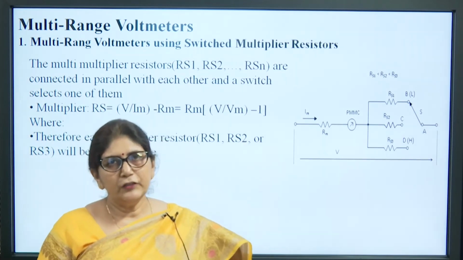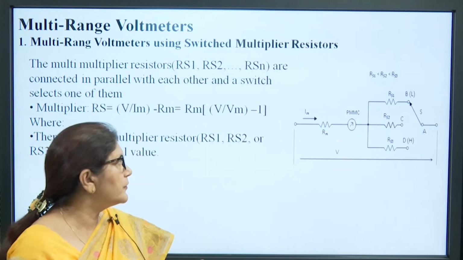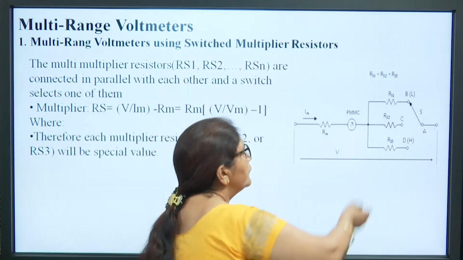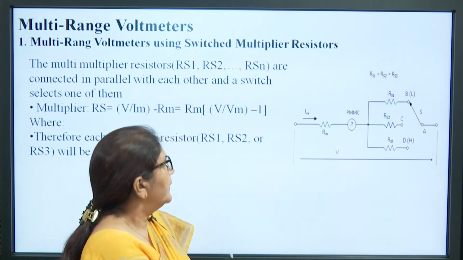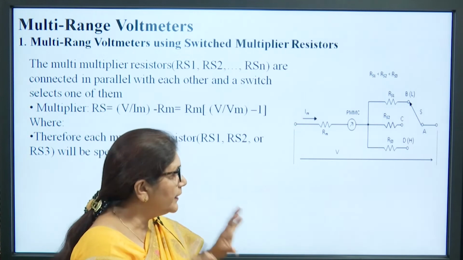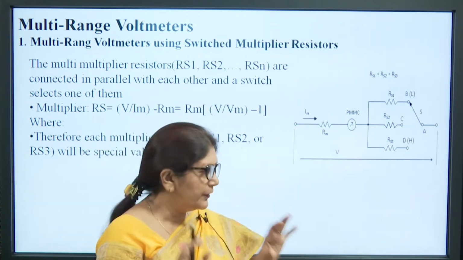Again, a multi-range voltmeter with switched multiplier resistors. Here we use a parallel combination of resistances, and as we know, in a voltmeter the resistance value should be very high. If the value is high, then it will measure a high voltage.